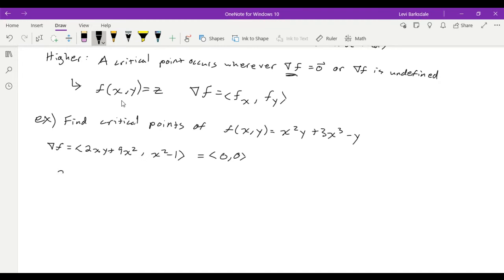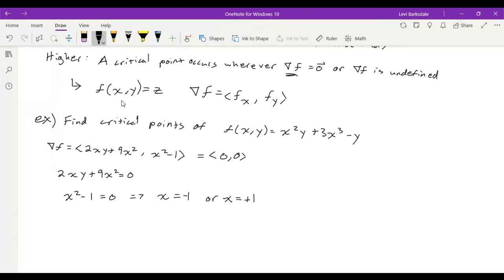So we need to solve this system of 2 equations. 2xy plus 9x squared is equal to 0, and also x squared minus 1 is equal to 0. I'm going to start by trying to solve this second equation because it only has one variable, so it should be easier, and it tells me that x would have to equal -1 or x would have to equal +1.